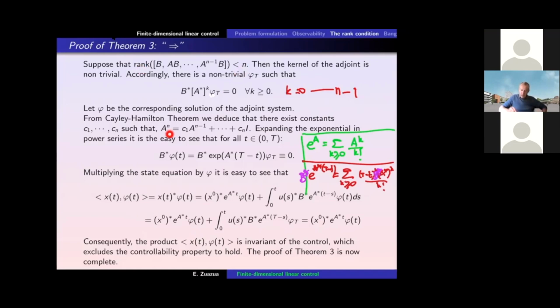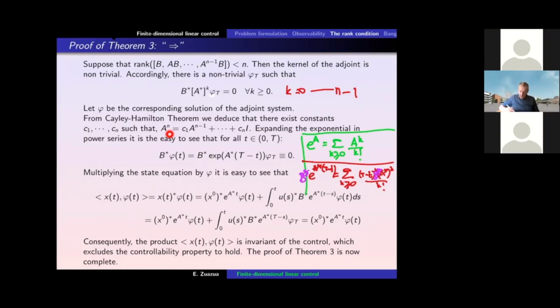by duality, there is a solution of the adjoint system which is invisible through B star, the adjoint observation operator. And then this invisible non-trivial trajectory of the adjoint is a projection of the state you cannot control.